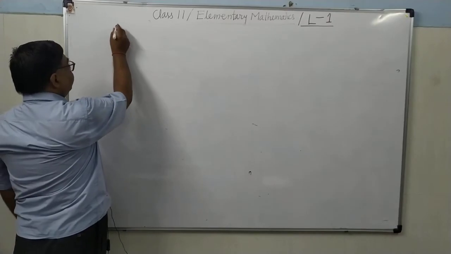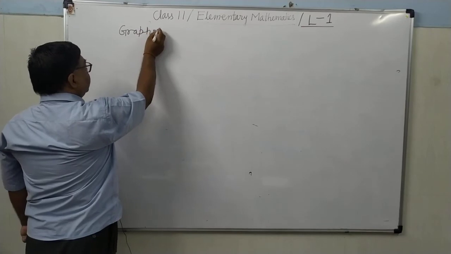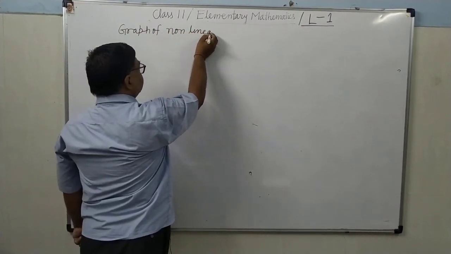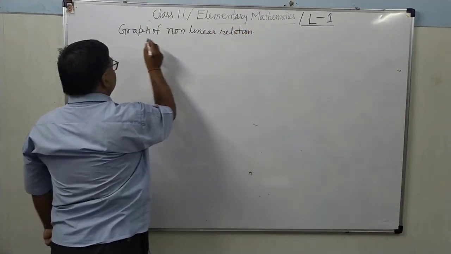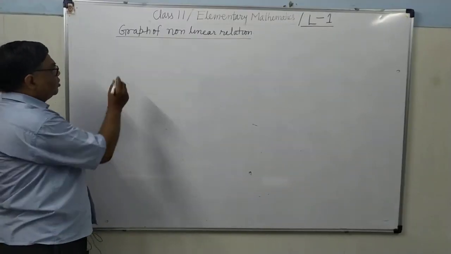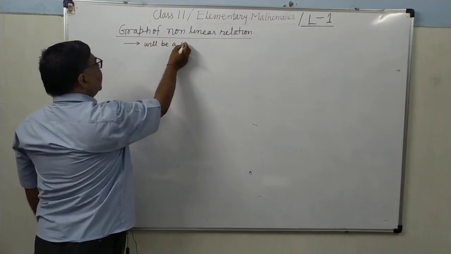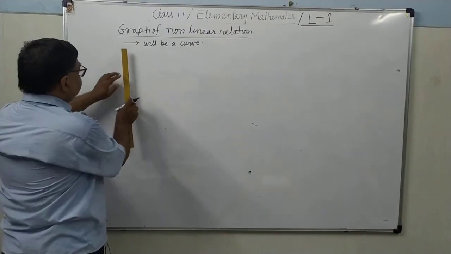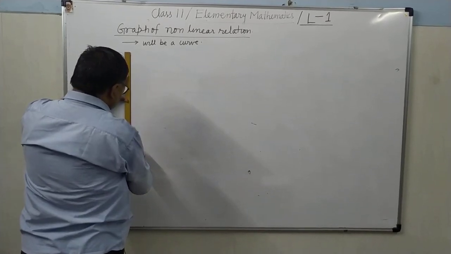If the graph of a non-linear relation, so the graph of a non-linear relation will be a curve. Already I have told in the beginning that if this is the curve, then the slope will be non-uniform.